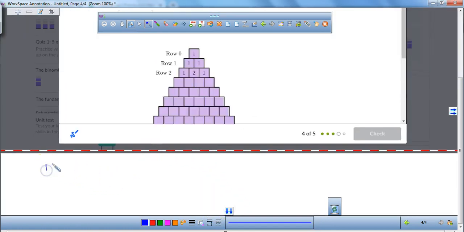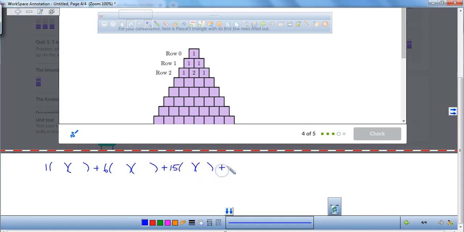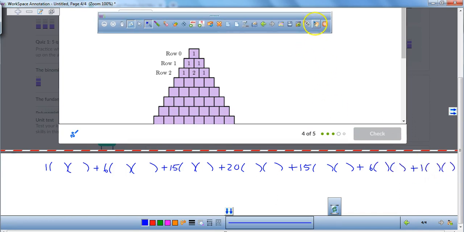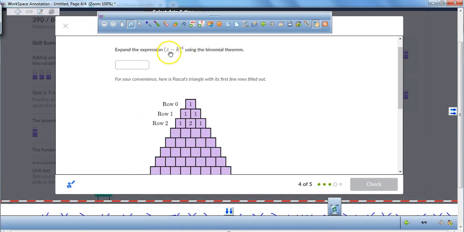We already know we're going to do 1, parentheses, parentheses, plus 6, parentheses, parentheses, plus 15, plus 20, plus 15, plus 6, plus 1. All right, now all we've got to do is take a look at our two variables, z and negative k. That's going to be important, that we have to use z and a negative k.